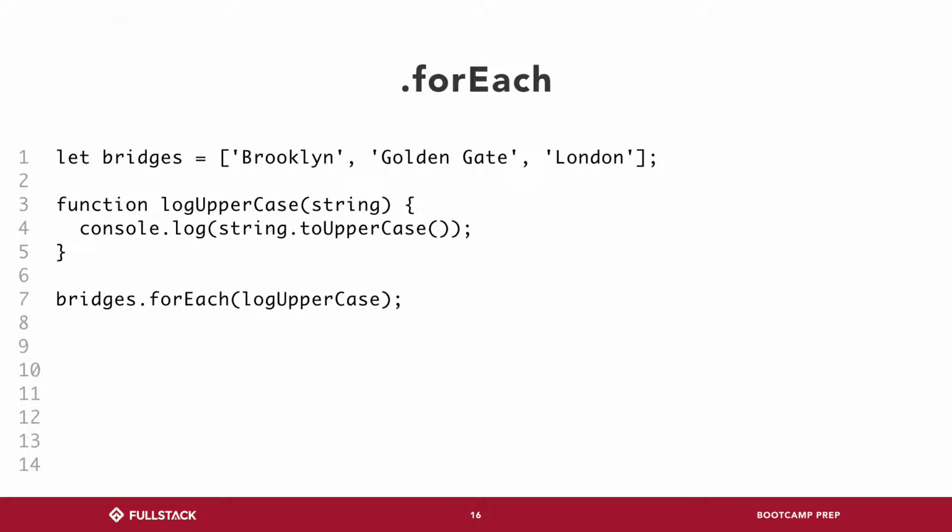This function is defined up here. What it will do is this string argument is going to be Brooklyn, and then it's going to run again because it's like a little loop. Then the string is going to be Golden Gate, and then the string is going to be London.